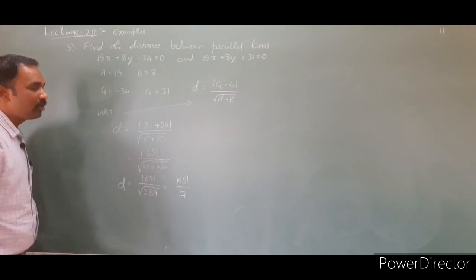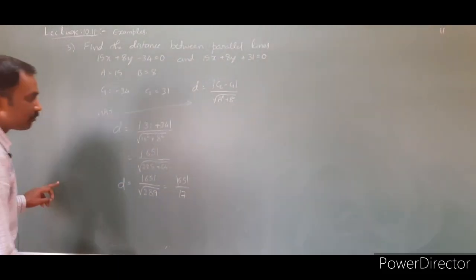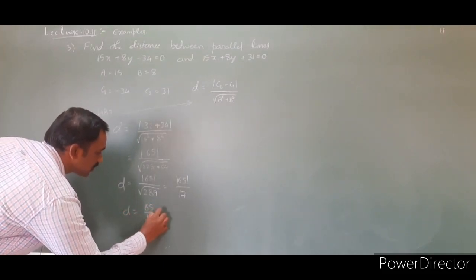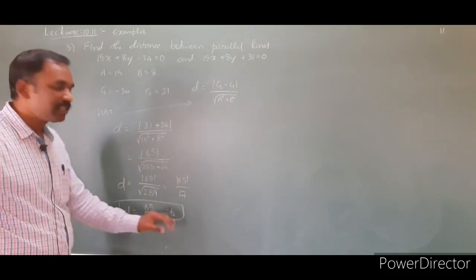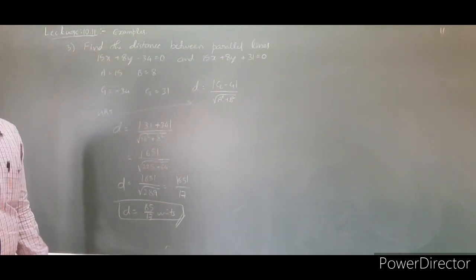So D is equal to 65 divided by 17 units. Finally, we can write 65 divided by 17 units. It is not possible to cancel, keep as it is, no problem. This is the required distance between these two parallel lines.